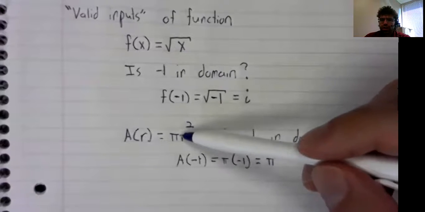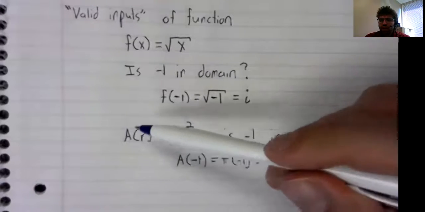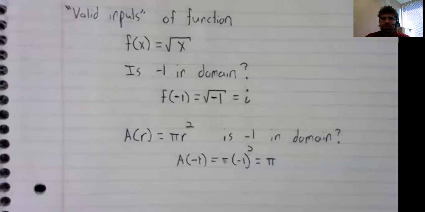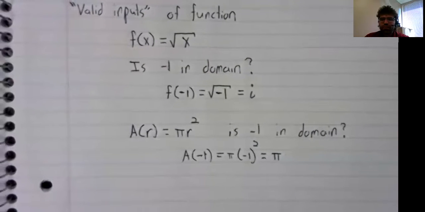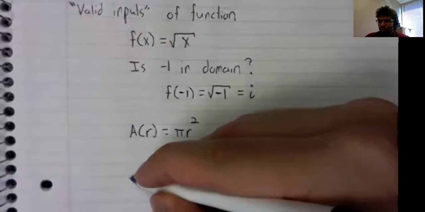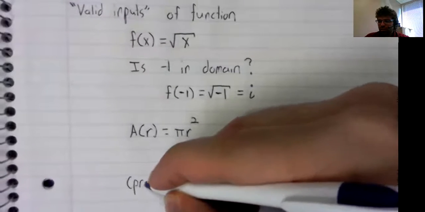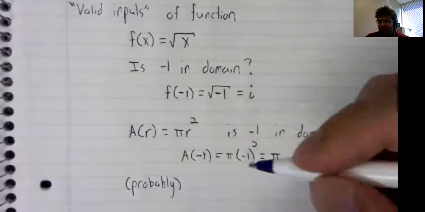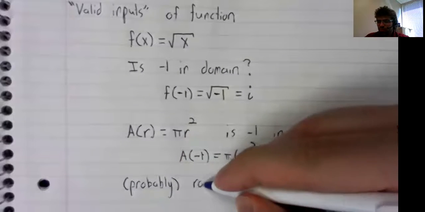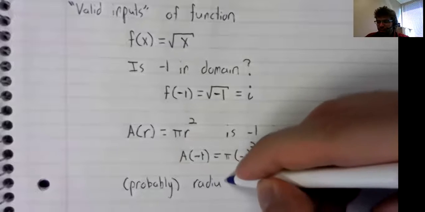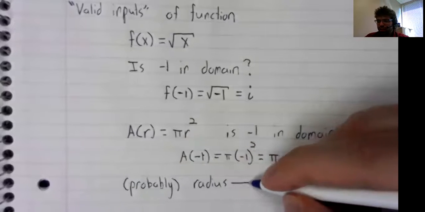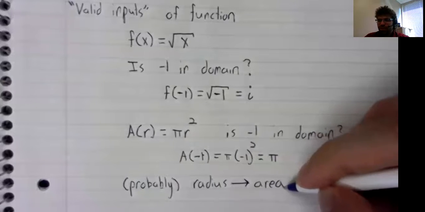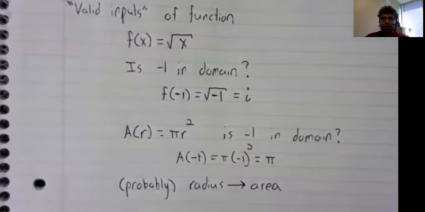On the other hand, this equation, A equals pi r squared, probably sounds quite familiar to you. This is probably supposed to be the function that takes the radius of a circle and gives you its area.